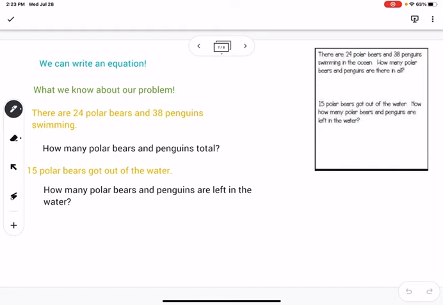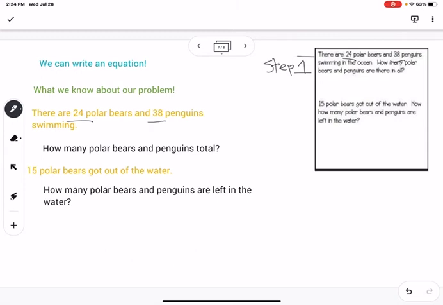So there are 24 polar bears and 38 penguins swimming in the ocean. How many polar bears and penguins are there in all? This is, again, step 1. And looking at this for step 1, we know that there are 24 polar bears and there are 38 penguins.